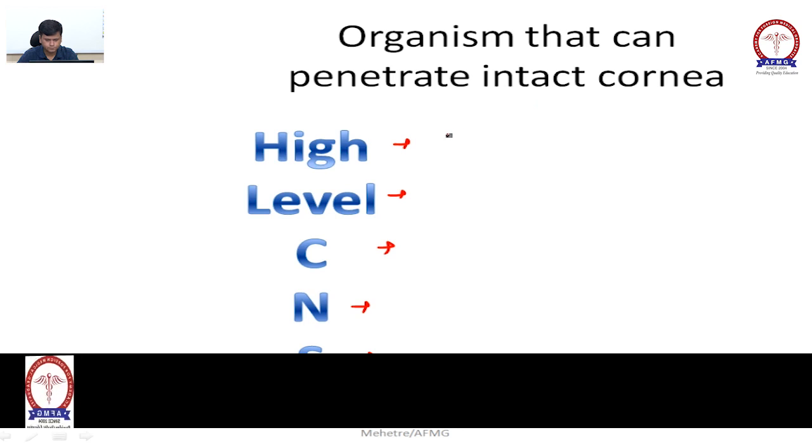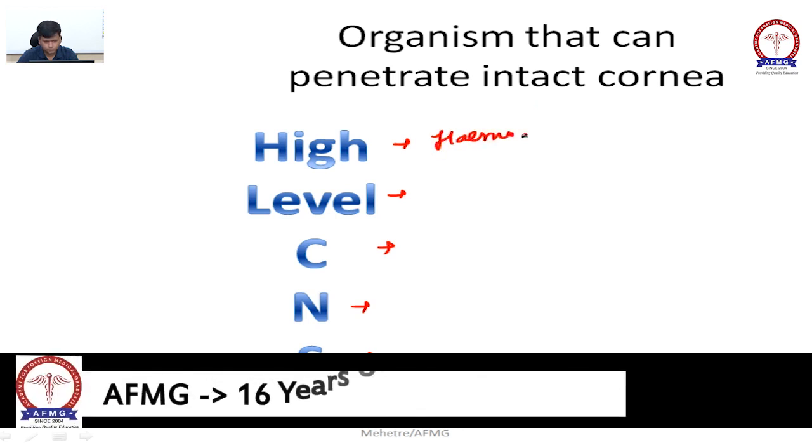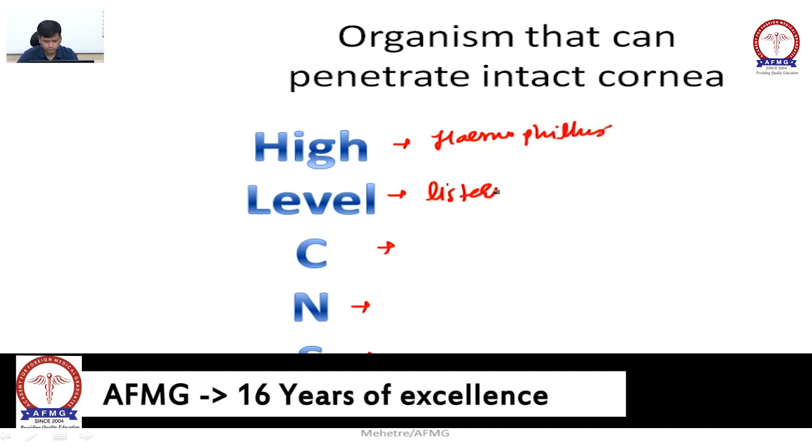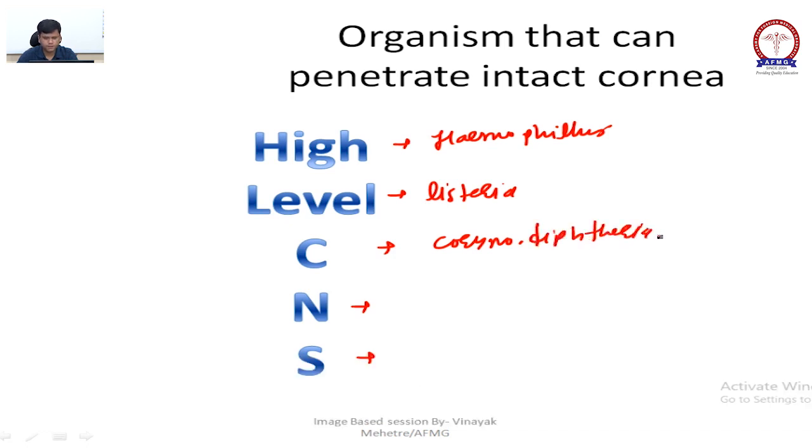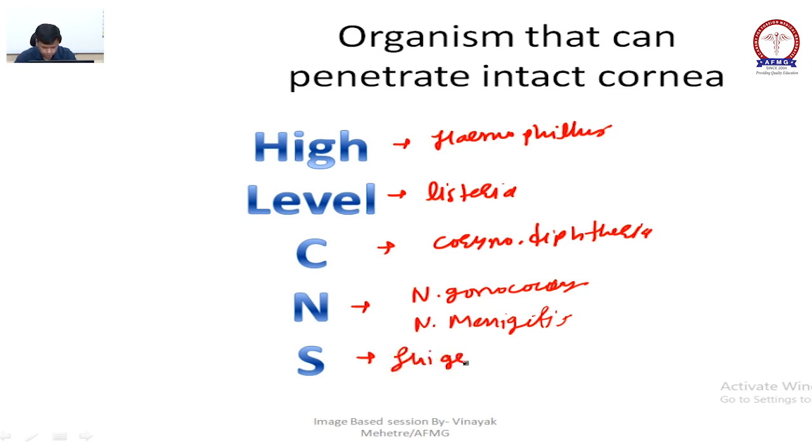This will be Haemophilus, Listeria, Corynebacterium diphtheriae, Neisseria gonococcus, and Neisseria meningitidis, and this one will be Shigella. These organisms can penetrate intact cornea.